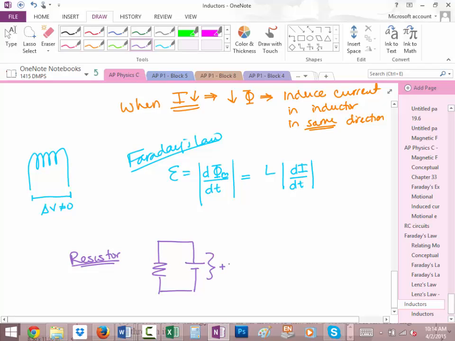We call this positive potential difference. Across the resistor, in the direction of flow of the current, delta V is equal to negative IR. We've got a higher potential here than we do here.